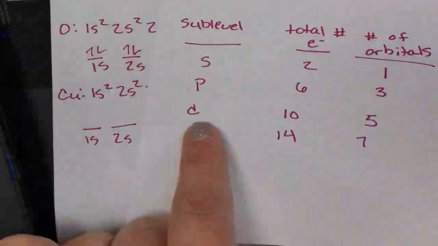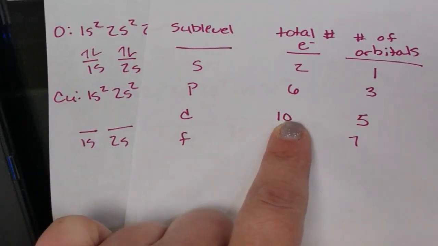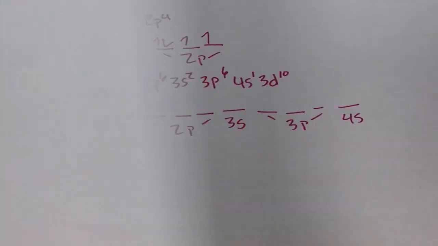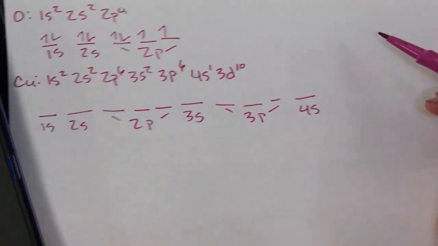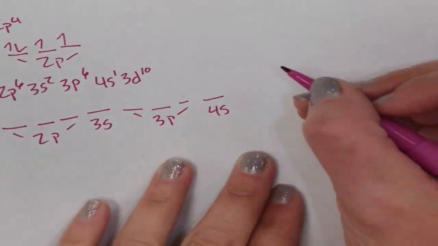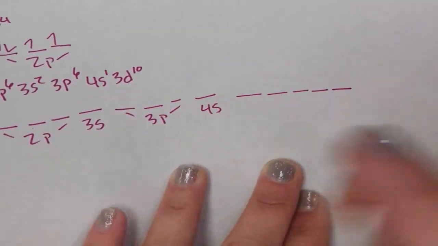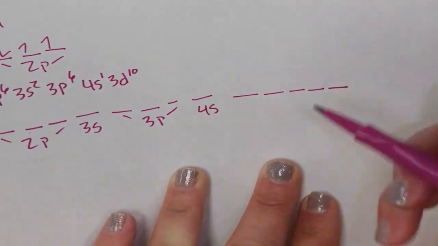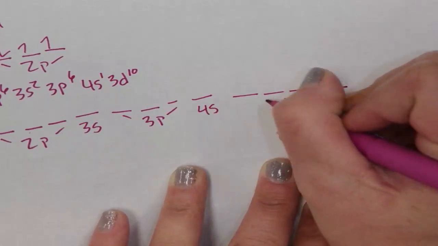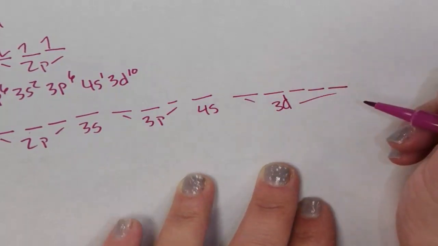We saw in a previous video that the d has 10 total electrons, 5 possible orbitals. So 10 total possible electrons and 5 orbitals for those electrons to be found. So 1, 2, 3, 4, 5, and we're going to label that 3d.